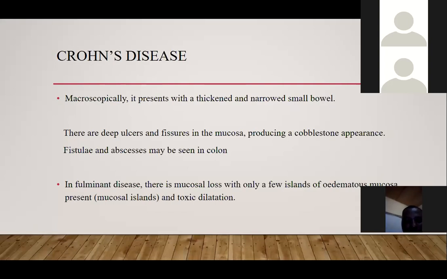The intestines have a mucosa, submucosa, then the muscle layer, then the outside, which is the serosa. With Crohn's disease, the inflammation extends beyond the mucosa, affects the submucosa, and goes all the way out to the serosa.